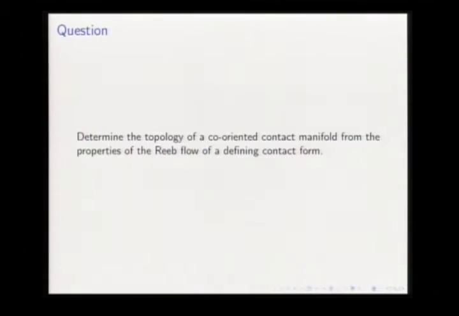I just learned this week from Hutchings' lecture that he had an example of this type of question: when you have a contact form with precisely two periodic orbits, then it must be a lens space.